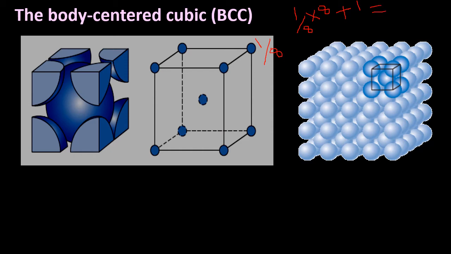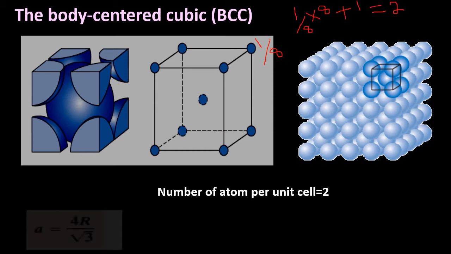So the total number of atoms belonging to the body-centered cubic crystal structure is 2. So the number of atoms per unit cell is equal to 2 for body-centered cubic crystal structures.